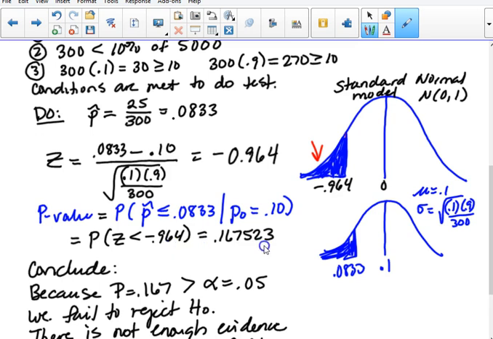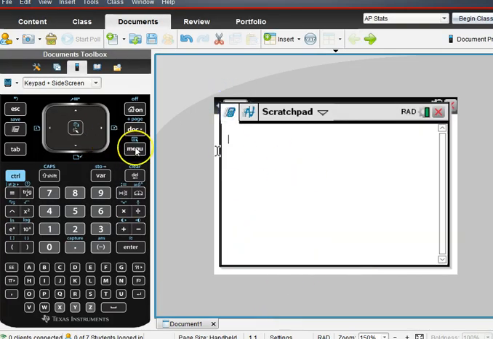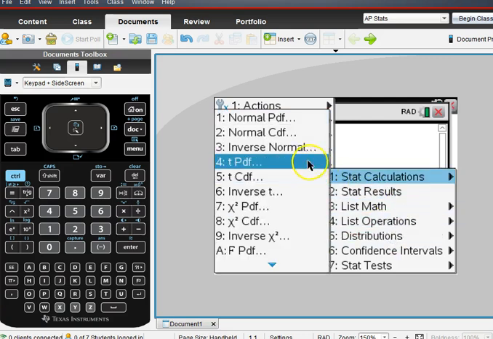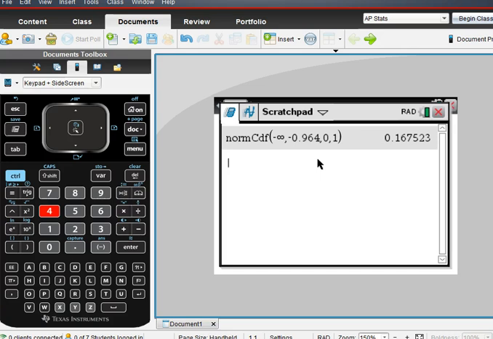So how do we calculate that? Let's go to the calculator here. Let me go to my Scratchpad menu, statistics, distribution. We're going to go to normal CDF. Normal CDF, negative infinity, negative 0.964, 0, 1. Okay, so there's that. Now, could we have done it the other way? Could we have also calculated it using the original values?